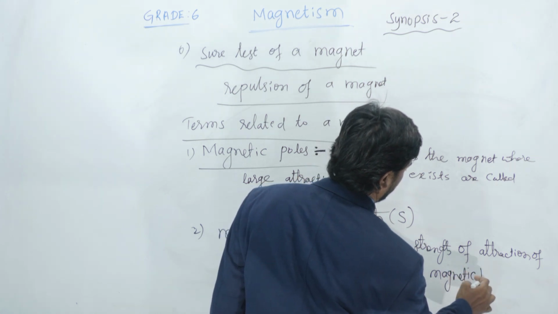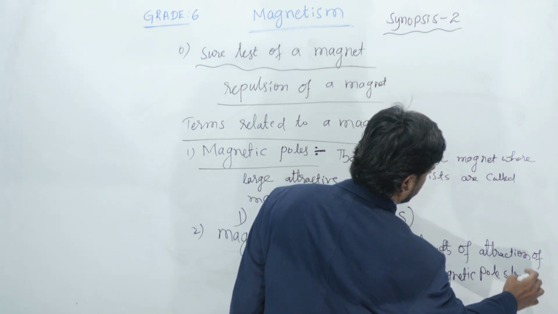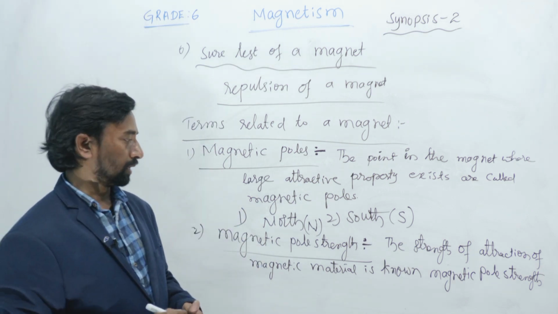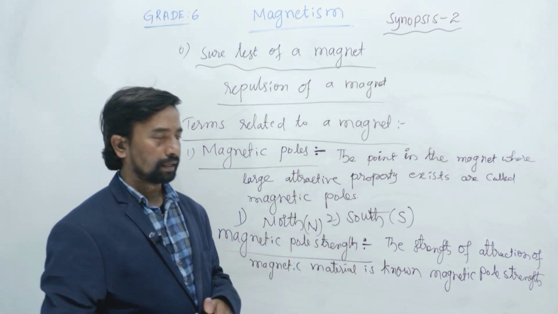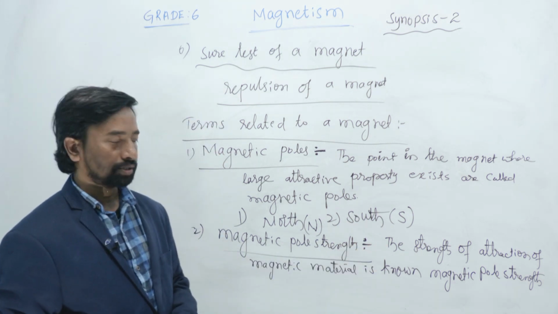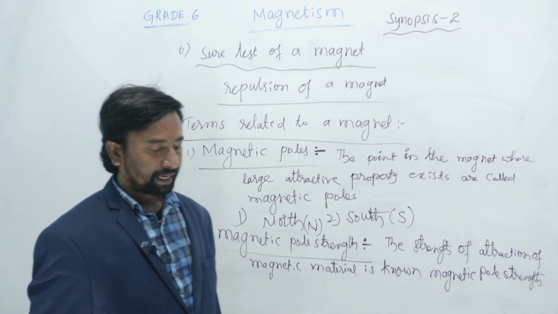So each pole will have the attractive property, and the strength of the attraction of the magnetic materials is known as magnetic pole strength.